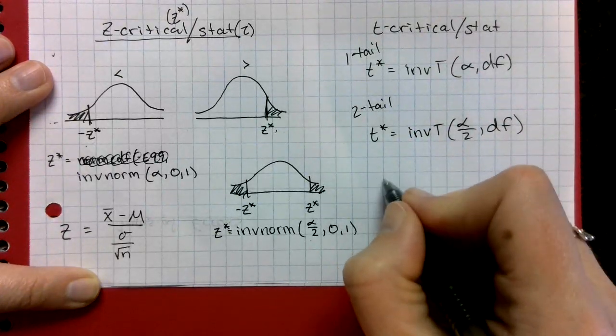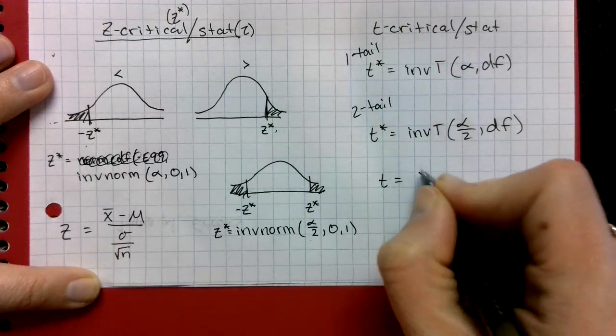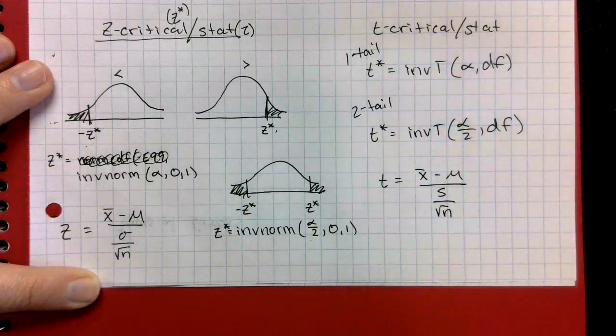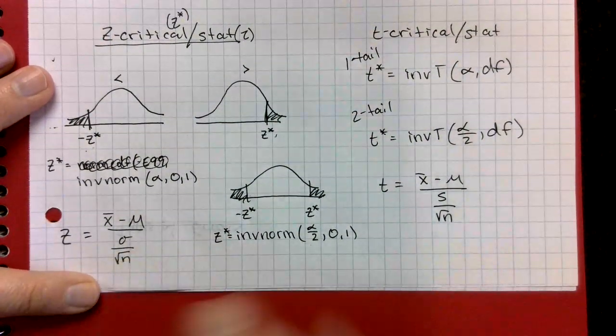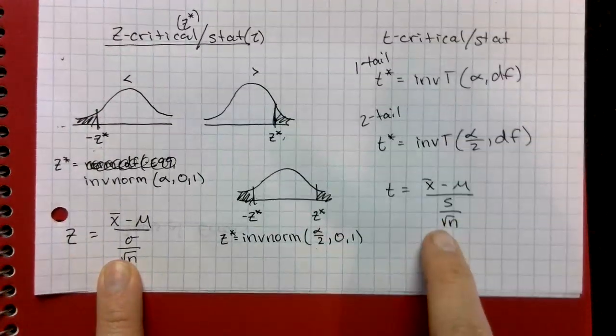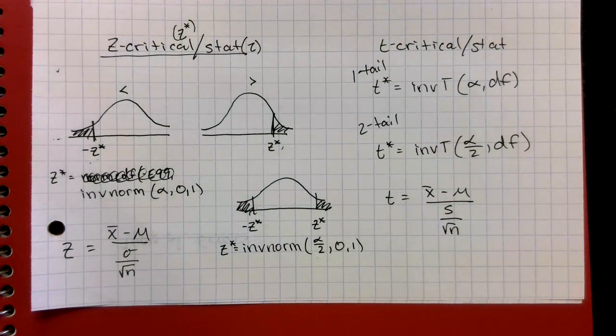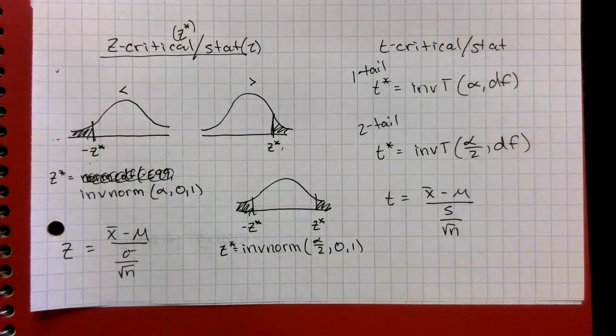And then your test statistic is x bar minus mu divided by s over the square root of n. And hopefully these two formulas look familiar. These are basically your z-score formulas when we talked about the central limit theorem. So again, I feel like I'm throwing a lot of information at you, but once we start doing some examples and pulling it all together, it will make more sense. So we will keep going on. We've got 2 more steps to go.